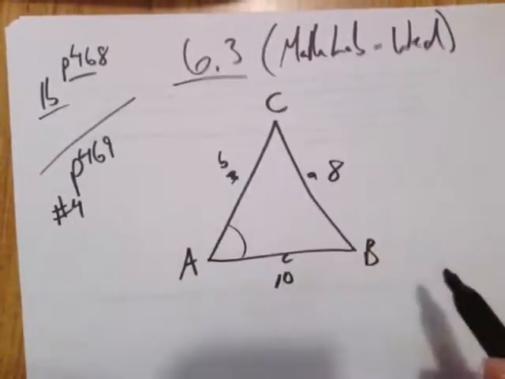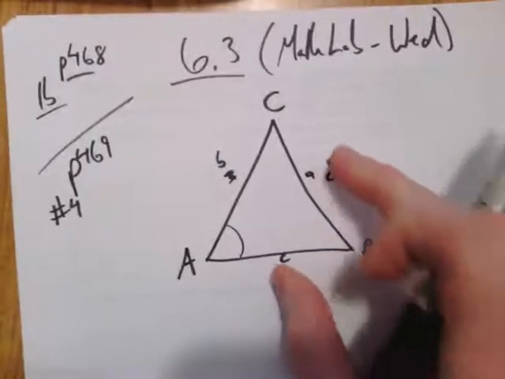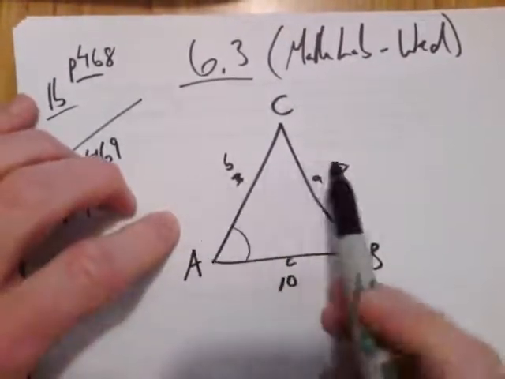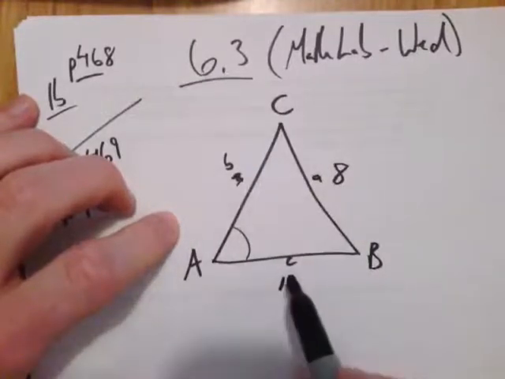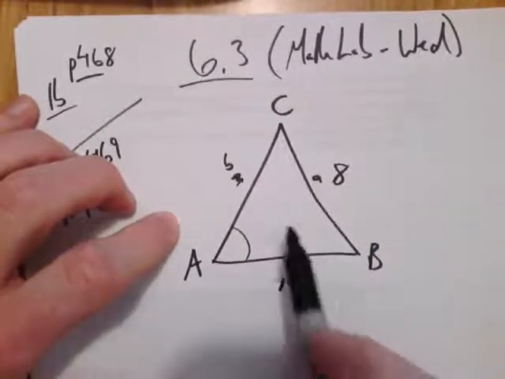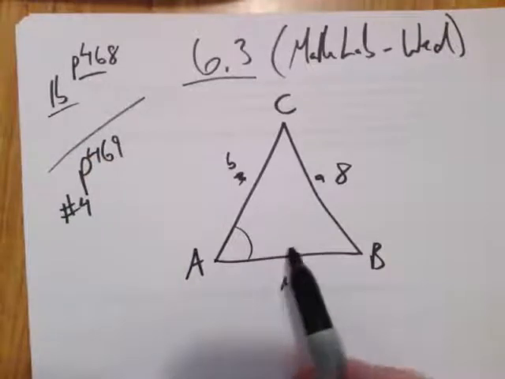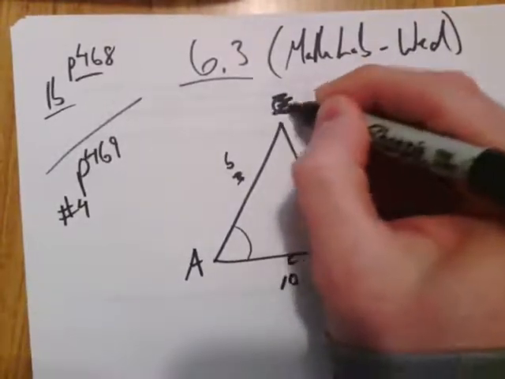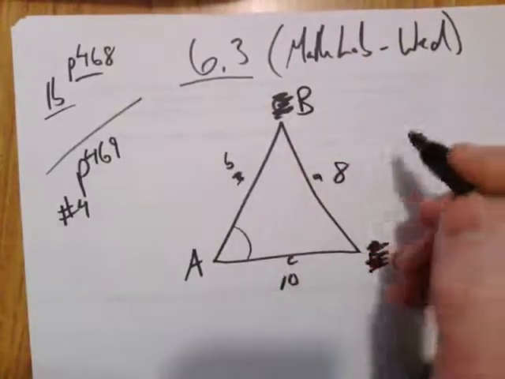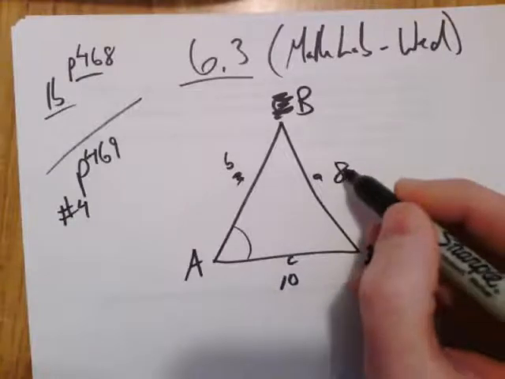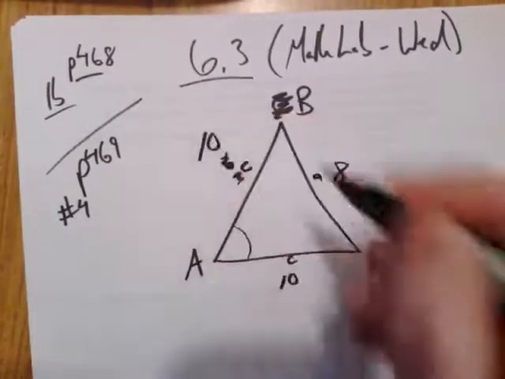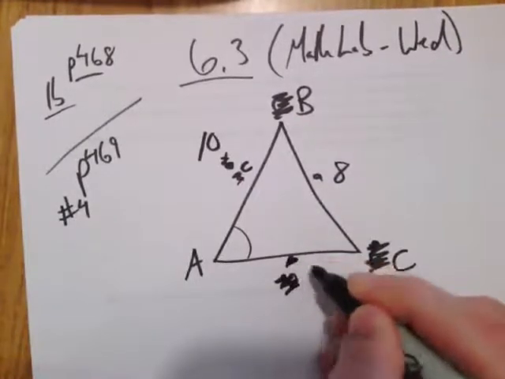Okay, we need to solve for A. I don't like these here. I want these two sides, those are the ones we want to know. This is not going to help me, so I'm just going to scribble it out because I want to use this space. I'm going to switch: this is going to be C, this is going to be B. The 8 stays, but C goes over here, and this will be little b.